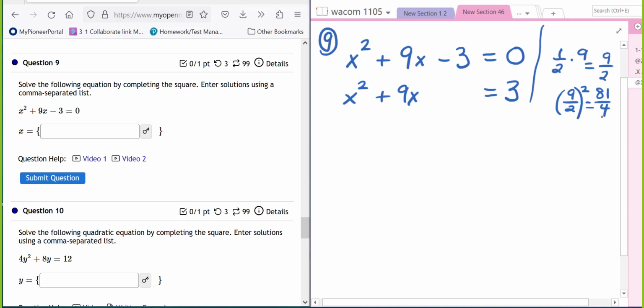That is what I'm going to have to add to both sides. Let me move that over a little bit. So I'm going to add 81/4 and 81/4. Now, on your left-hand side, it's still going to factor and pick up this piece you found in the first half of that magic number step. So it's going to factor with 9/2.